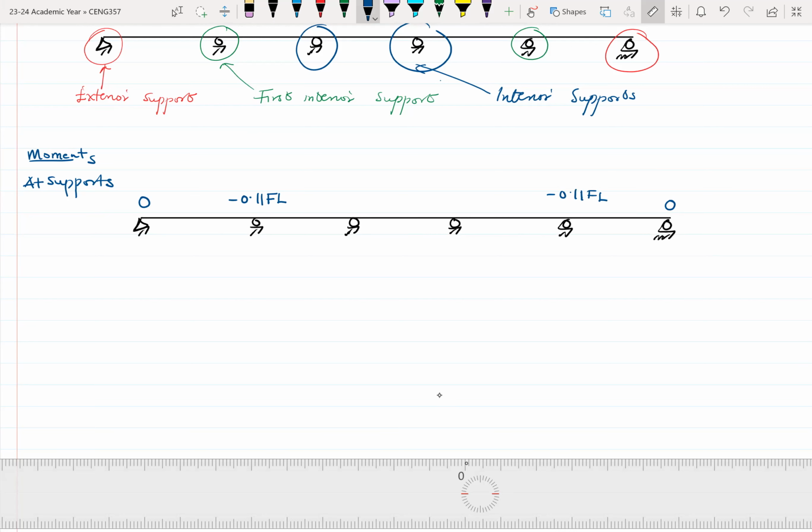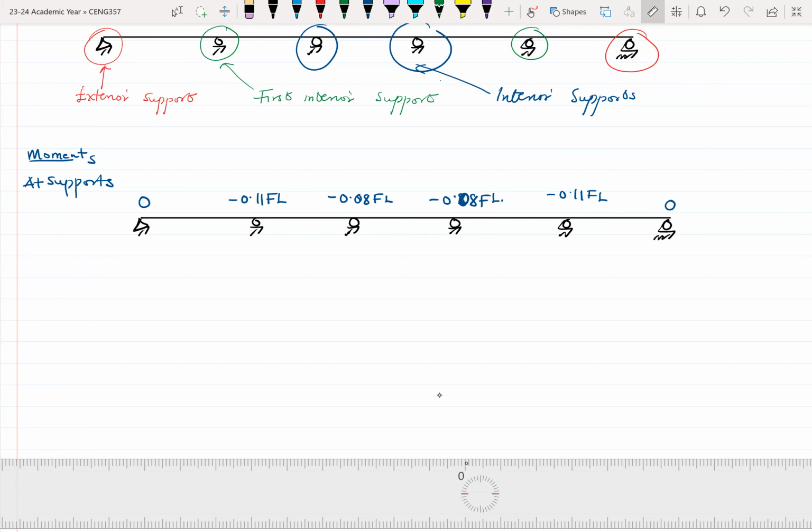Then over the interior support it is minus 0.08 FL.